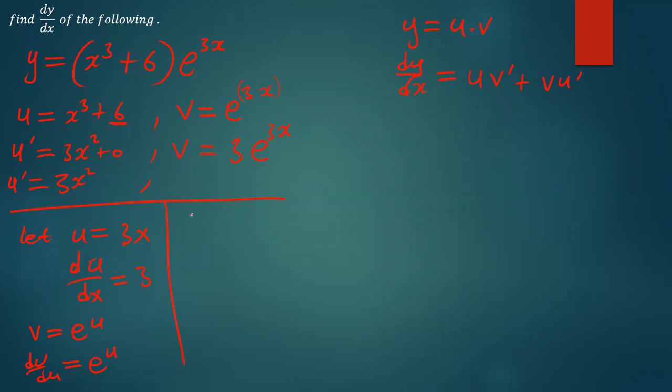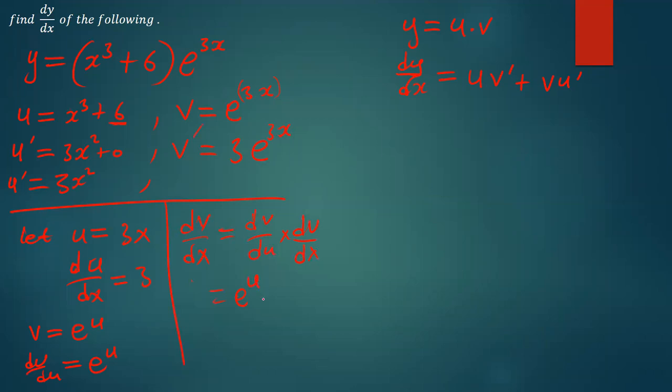To find dv/dx, which is v prime, we use the chain rule by saying dv/du times du/dx. dv/du is what we found here, which is e to the power u.